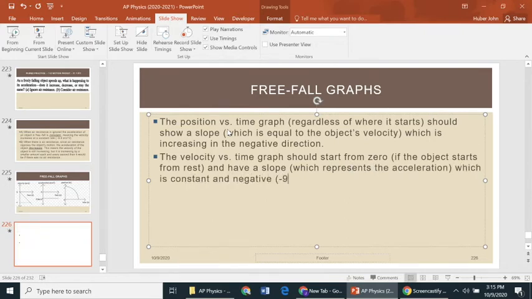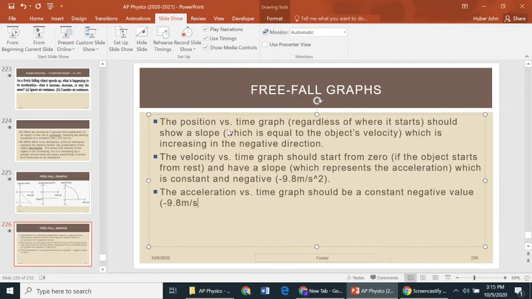And of course, we actually know the value, negative 9.8 meters per second squared. And the acceleration versus time graph should be a constant negative value, which is negative 9.8 meters per second squared.